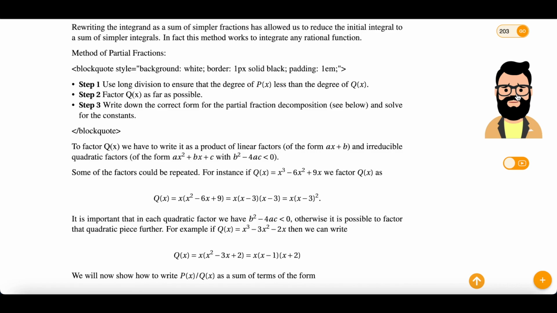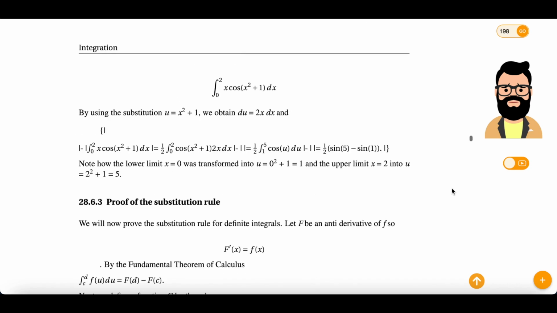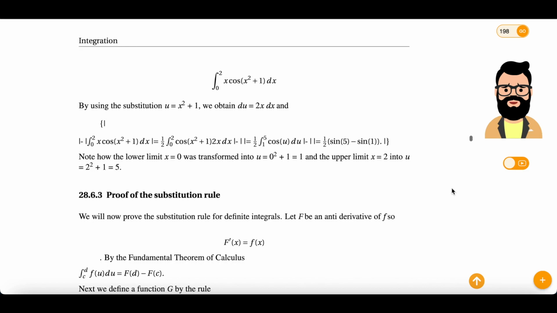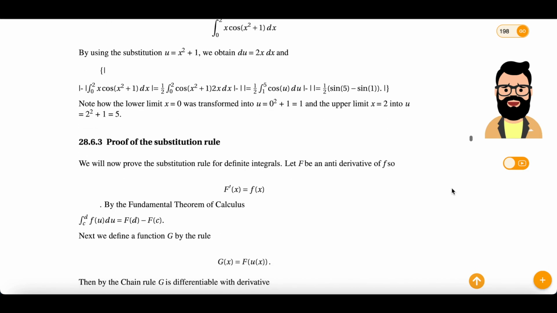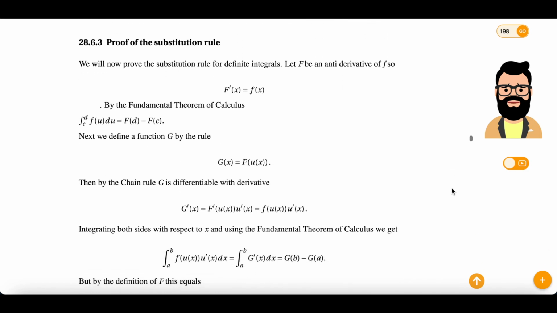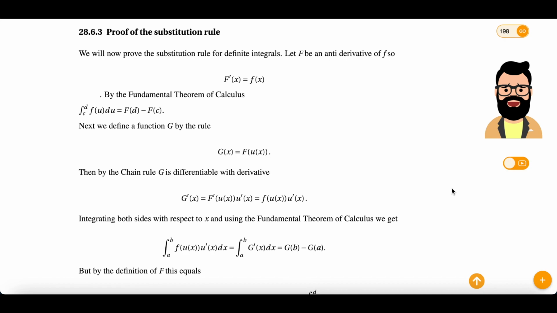Explain the proof of the substitution rule. The proof of the substitution rule involves defining a function g(x) as F(u(x)), where F is an antiderivative of f. By using the chain rule, we can show that g'(x) equals f(u(x))u'(x).